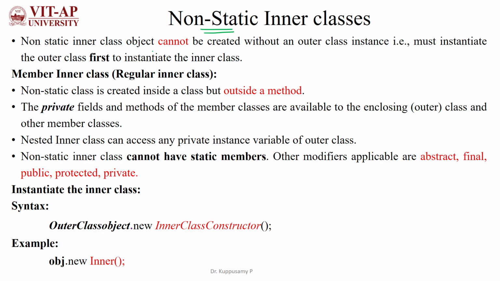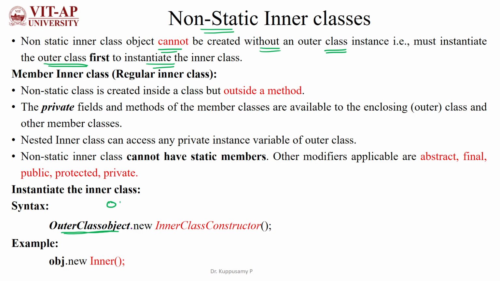A non-static inner class object cannot be created without an outer class instance. That is, we must instantiate the outer class first to instantiate the inner class. For example, here we have to create the outer class object first.